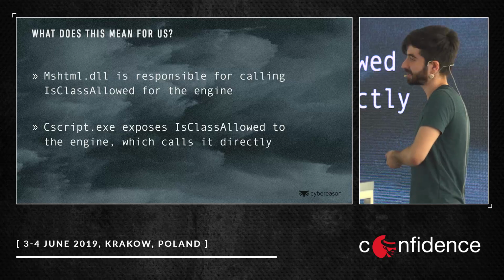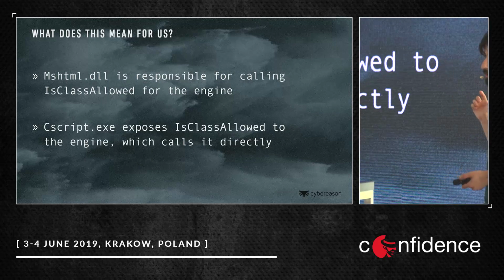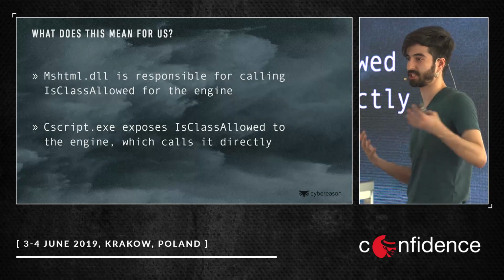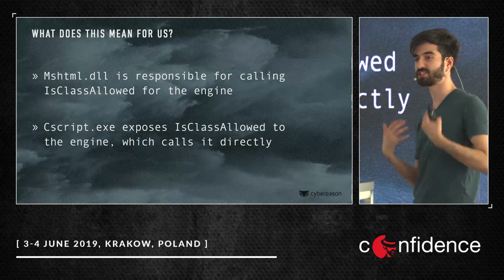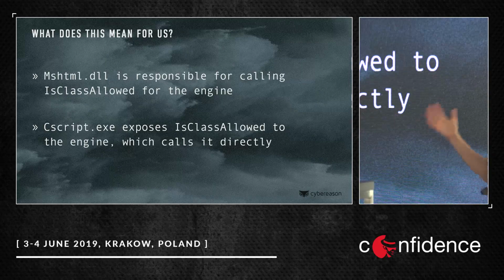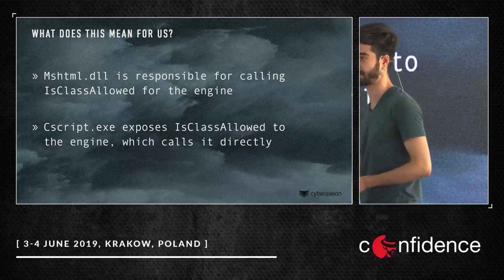What happens here is that MSHTML itself calls its own isClassAllowed function, meaning that basically the team that developed Device Guard for MSHTML decided it's our responsibility. Whenever somebody checks anything related to security with the COM objects, we will call isClassAllowed and check everything against Device Guard.